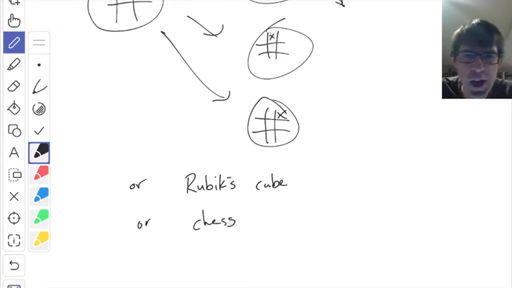Or even something like chess. In theory, chess is very complicated, but there are only finitely many possible configurations of a chessboard, and only finitely many ways that the pieces could be arranged. And you could just determine which of those lead to winning configurations.